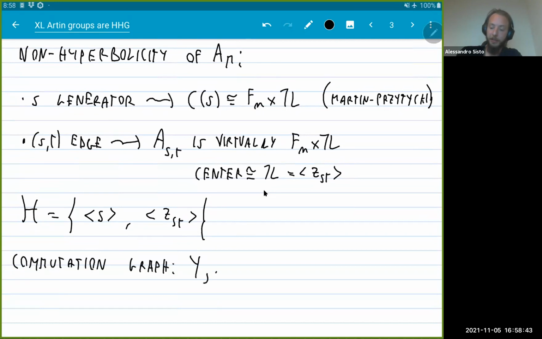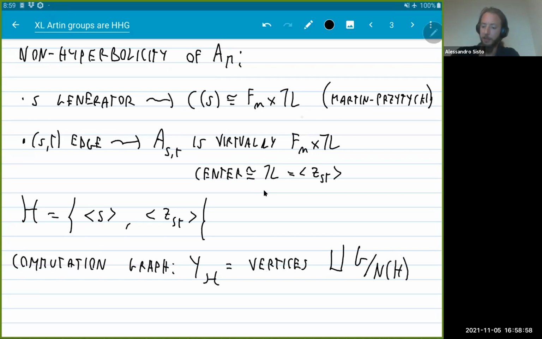So Y_H, where the vertices are cosets of the normalizers of these things. The normalizers and centralizers coincide in this case. So the normalizers of these things are the things that are actual products or related to products.